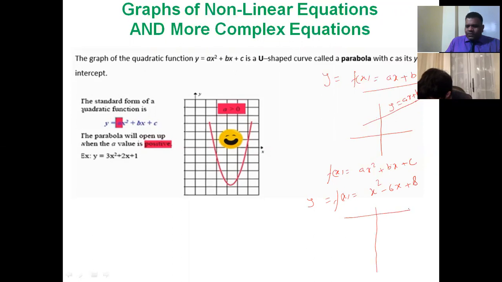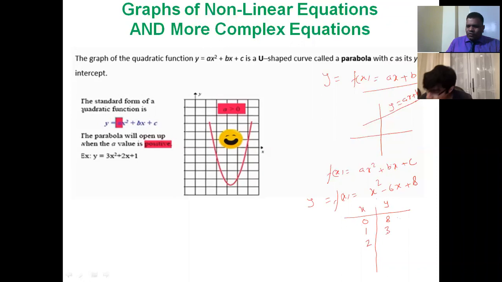The simplest way to plot any graph is to put x here and y here, and put different values for x and y. Let us say I put x equal to 0, so y is 8. For x equal to 1, 1 minus 6 plus 8 is 3.